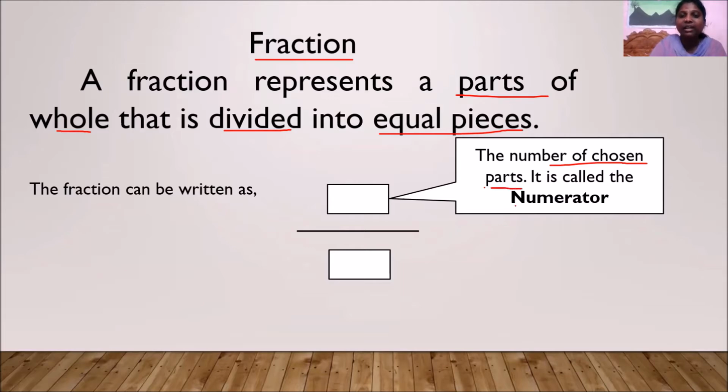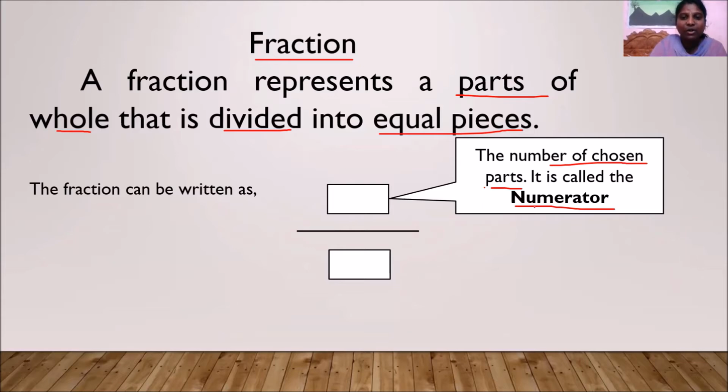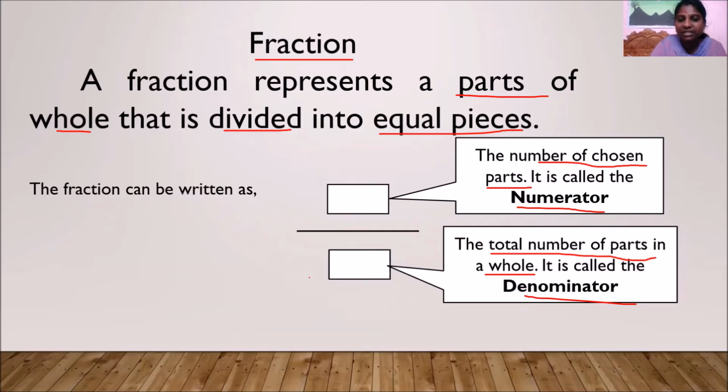It is called the numerator. The bottom number represents the total number of parts in a whole. It is called the denominator. So the top number is called numerator, and the bottom number is called denominator.